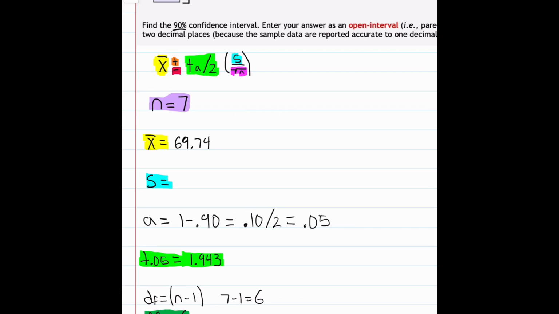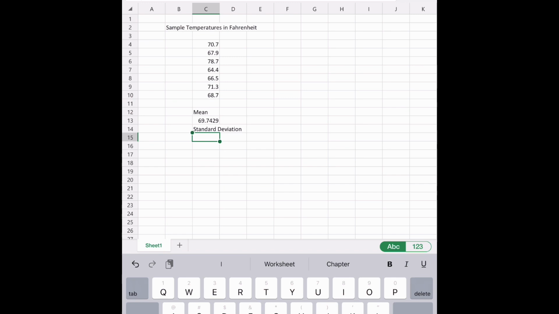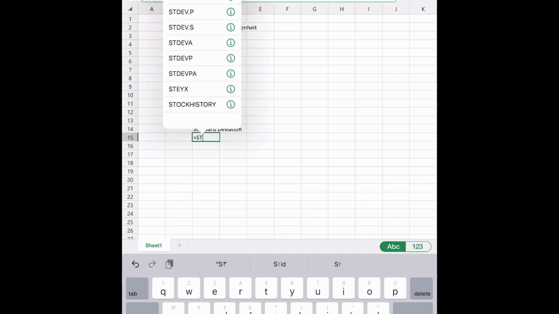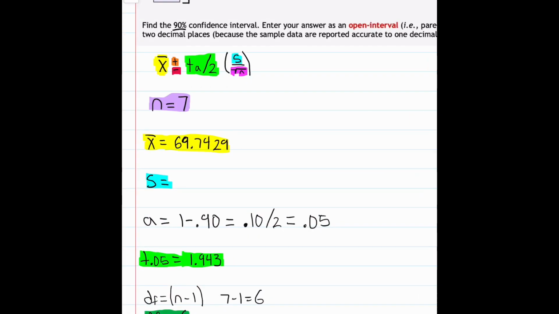You just want to make sure when you find the standard deviation, you are doing it for the sample, as this is a sample and not a population. So it'll be stdev.s, and then highlight everything, and that gives you your standard deviation for the numbers.